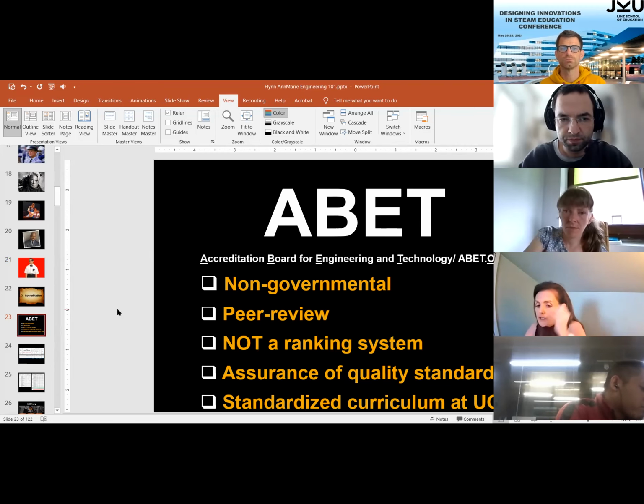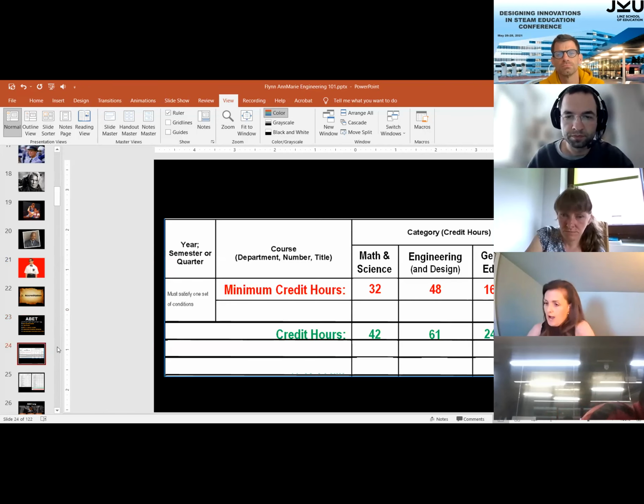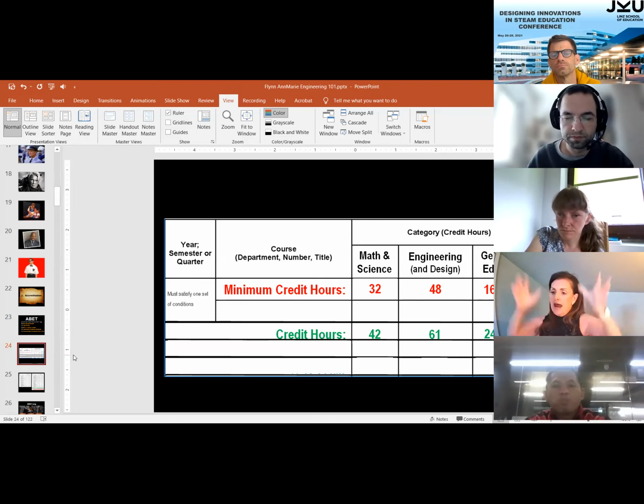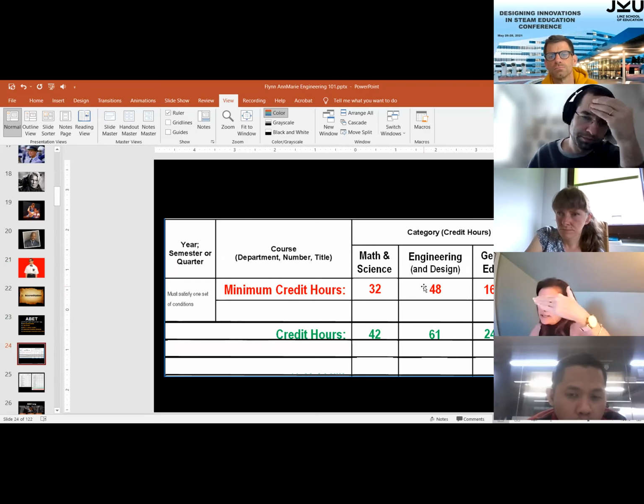ABET is the Accreditation Board for Engineering and Technology. How do I know? I'm an ABET evaluator. So when an ABET evaluator comes in, every single program, see how the minimum credit hours are there? Every single program has to have the same number of math and science, engineering, and general education credits.